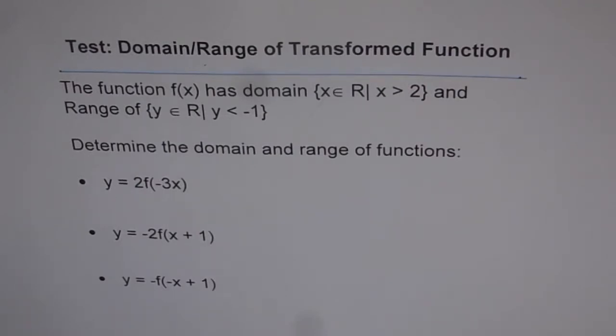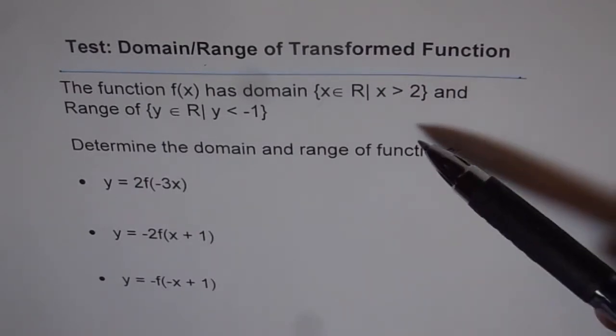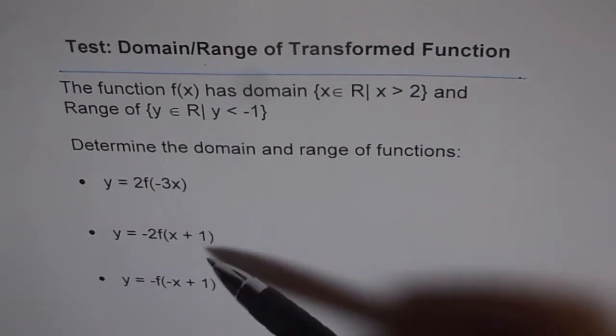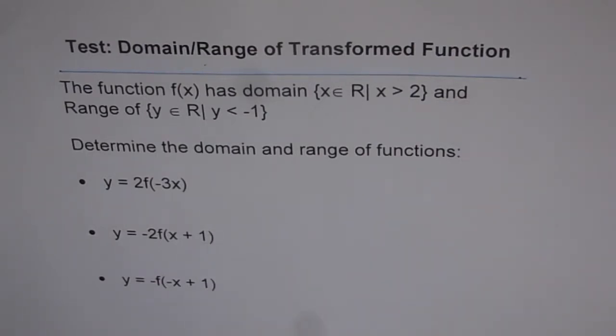Now, we are already given the domain and range of a function, and these are the transformed functions, and we need to write the domain and range of these transformed functions. The first one is 2 times f of -3x.